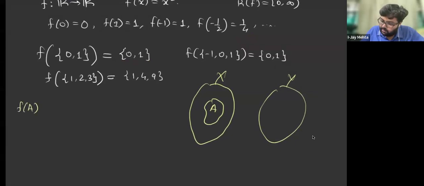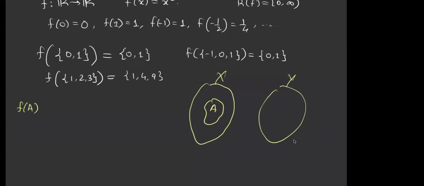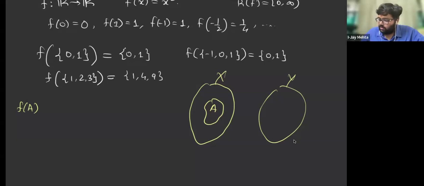First of all, is it an element or a set? What is f of A? Is it a set? Ayush? Yes, it is a set and a subset of Y, the codomain, right?